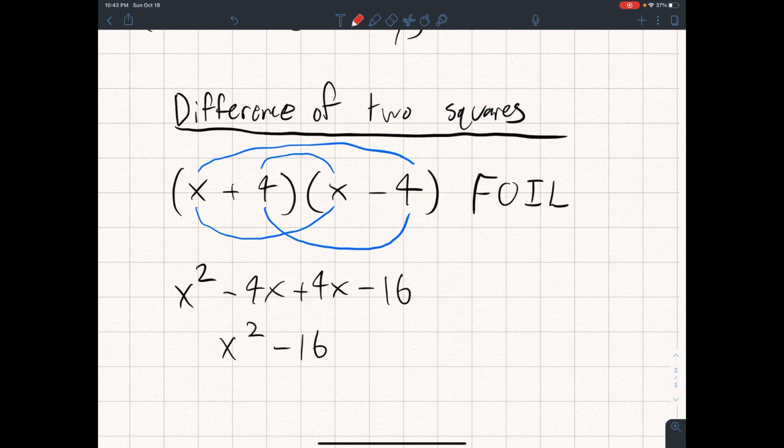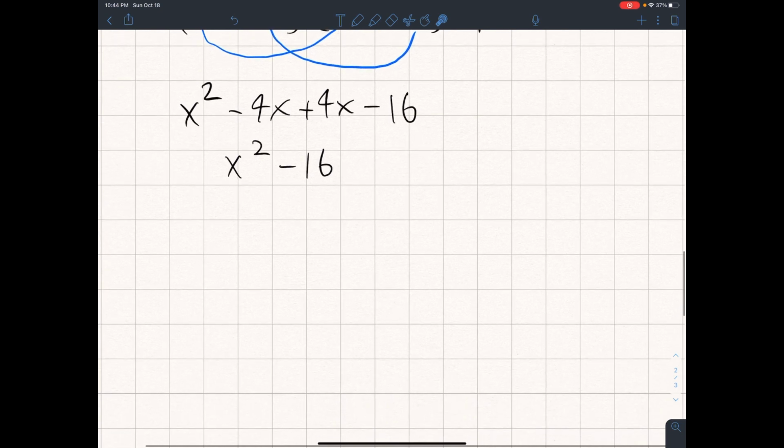Difference of two squares, it rolls off the tongue nicely, but it should really be difference of two perfect squares. Because if I take a look at x squared and 16, these are, in fact, perfect squares.